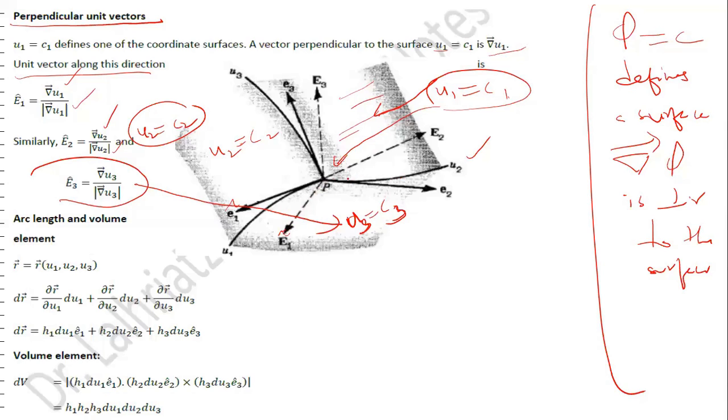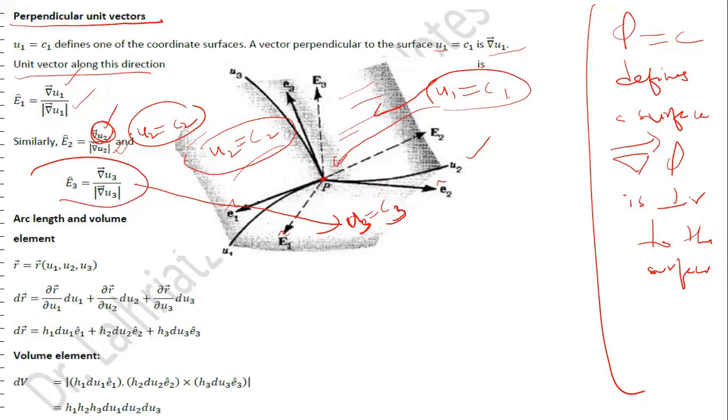And similarly here, this is your u2 coordinate curve. If you draw a tangent to this u2 coordinate curve at this point, the tangent vector will be along this direction. Then you divide it by the magnitude, and you get a unit tangent vector, pointing along this. But as you see, this is your u2 equal to c2 surface. When you take a grad u2, that gives you a direction perpendicular to this surface.